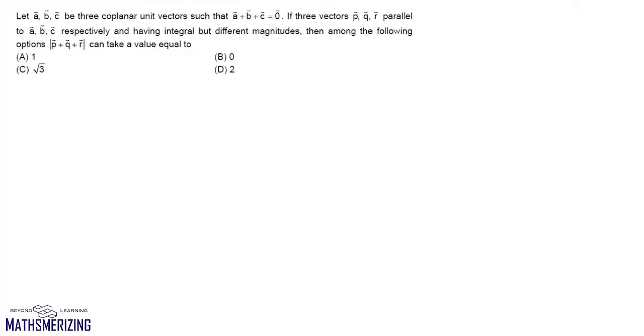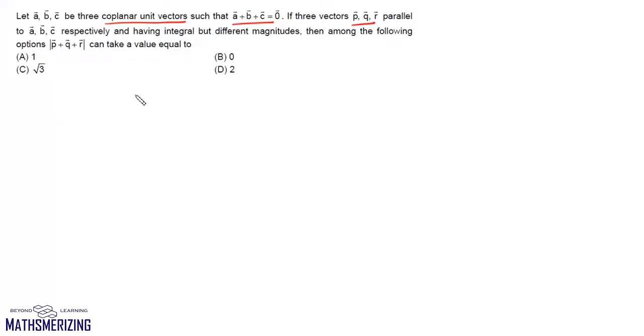Now here the question is, let A, B, C be 3 coplanar unit vectors such that A plus B plus C is 0. If 3 vectors P, Q and R parallel to A, B, C respectively have integral but different magnitudes, then among the following options, mod P plus Q plus R can take a value equal to.